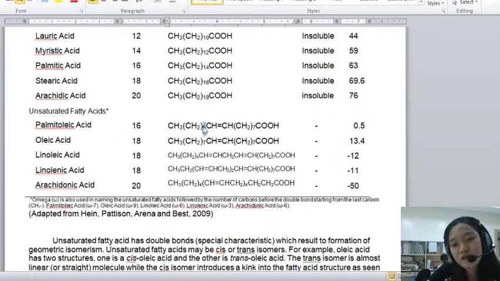So, sa labas niya may 5, meaning 5 yan na CH2. So, in total, you have 5 carbon atoms plus 2 carbon atoms, you have 7 carbon atoms. That's why you call palmitoleic acid as omega-7. Okay? Fatty acid. Kasi meron siyang 7 carbon atoms before the first double bond.